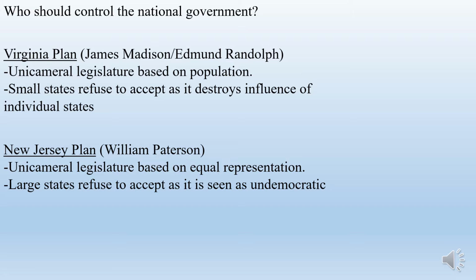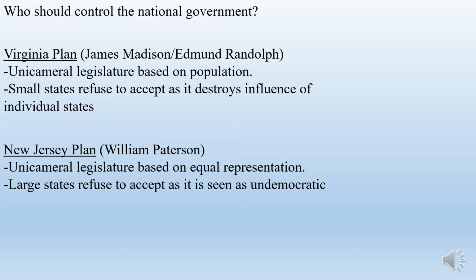different? And we're going to go back to the different plans that were put into place at the Constitutional Convention. The first plan is for a unicameral legislature based on population, and this was called the Virginia Plan, and it was proposed by James Madison and Edmund Randolph, two delegates from the state of Virginia.